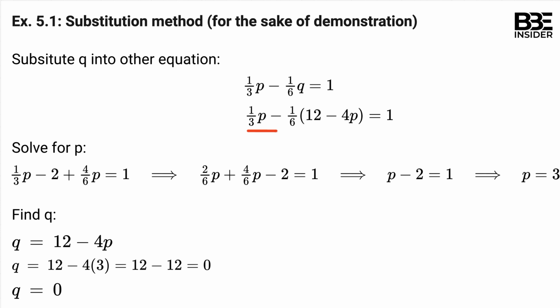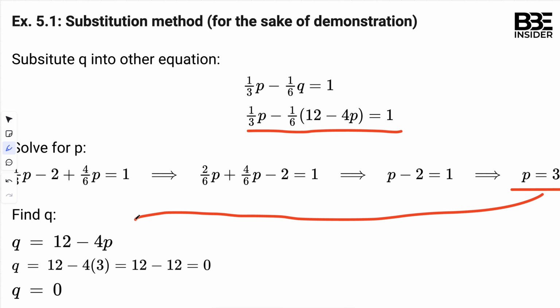As p is now the only unknown variable in this particular expression, we can simplify and rearrange it in order to calculate p. After we are finished calculating p, we can use it and plug it into one of our initial equations.